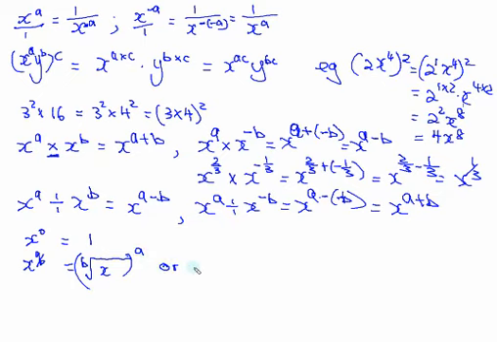Or what you can do is put the power a in first, then only convert to the b-th root of x^a. That means the power comes first, then the root. Either way, it should work.